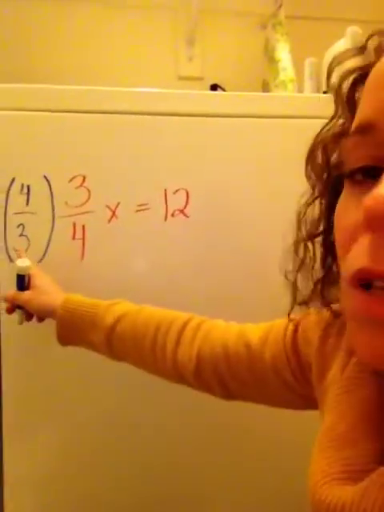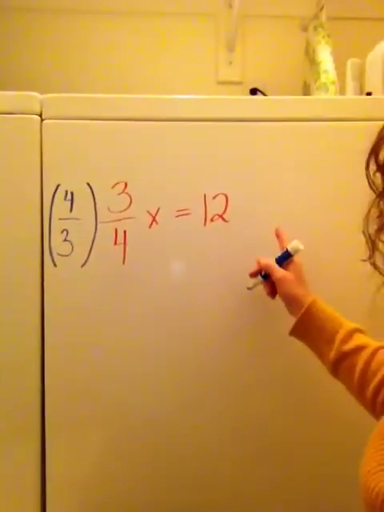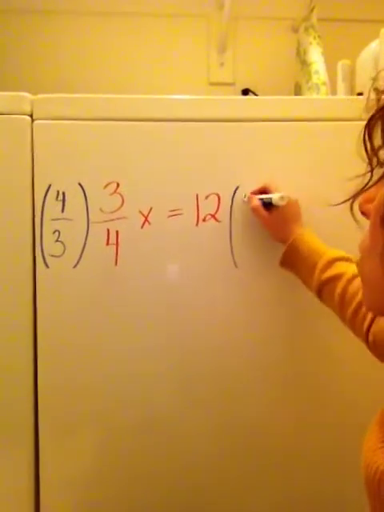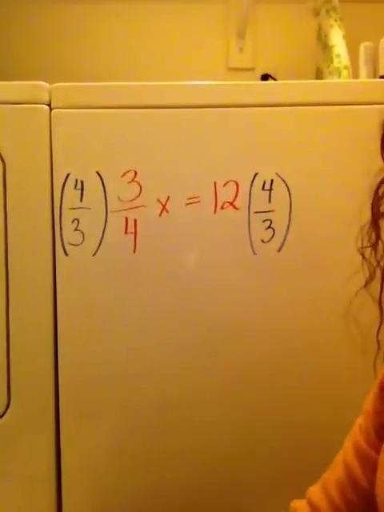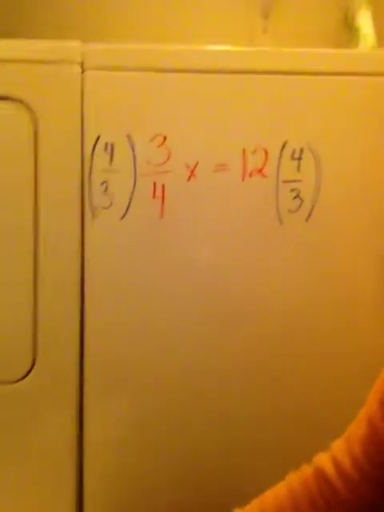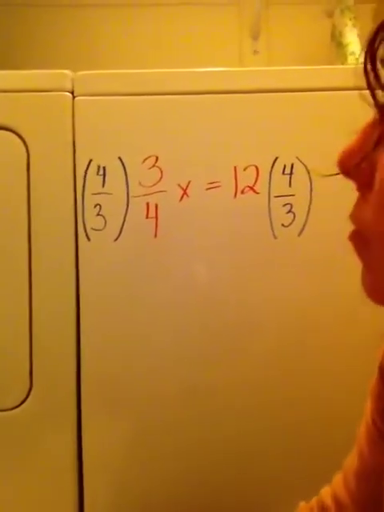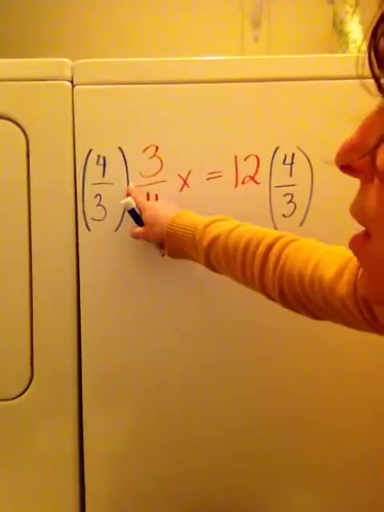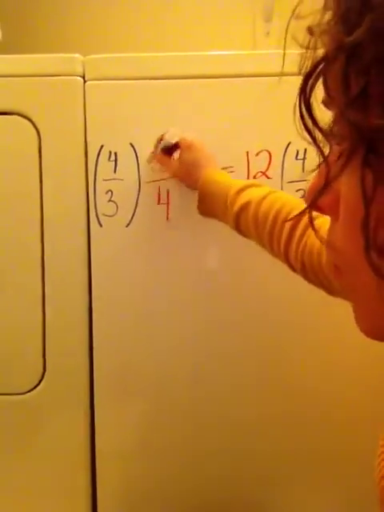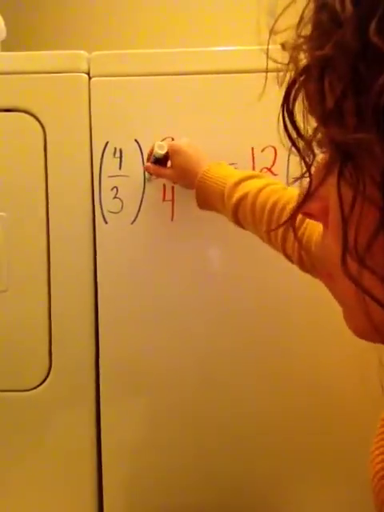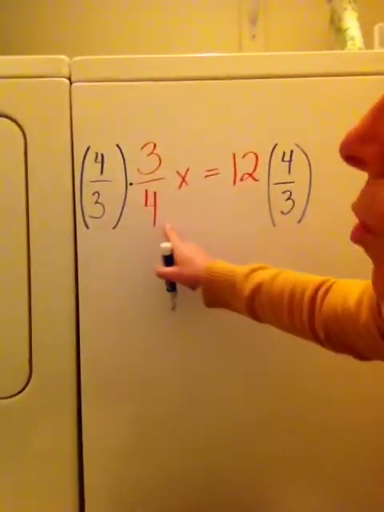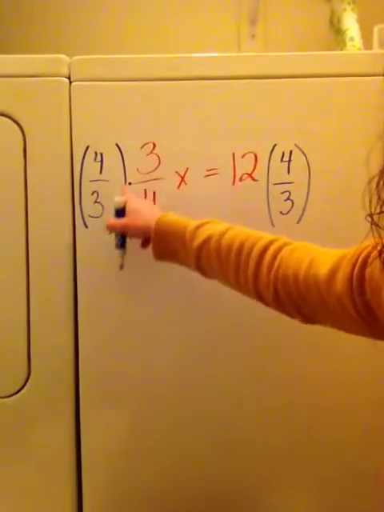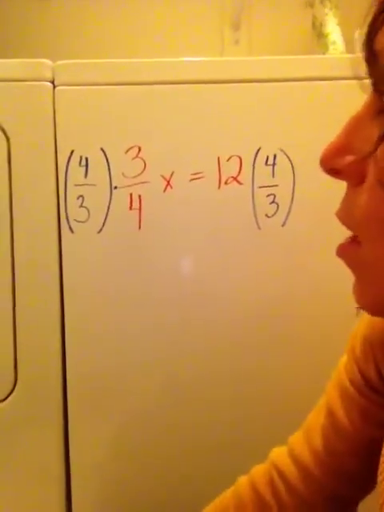And if I do it to one side of my equation, I have to do the exact same thing to the other side. So I'm going to times this side by 4/3. Okay? Now, if you're comfortable with the whole canceling thing when we're multiplying, then you might notice a 4 is upstairs and a 4 is downstairs, a 3 is upstairs and a 3 is downstairs.